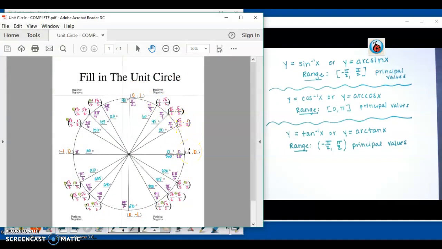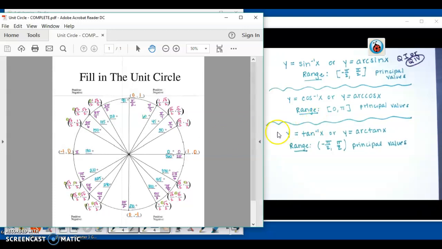If we go backwards, negative pi over 2 would be in this fourth quadrant. So with sine and arc sine values, we can only look in quadrant 1 or quadrant 4. And when we look in quadrant 4, we're going to have to do some editing to that when we finish.